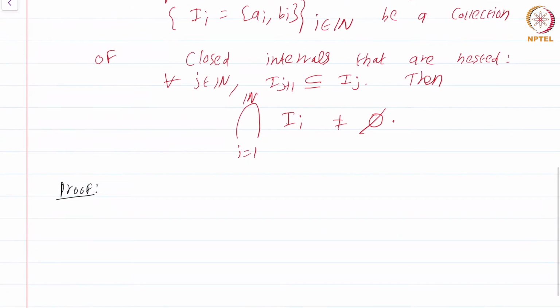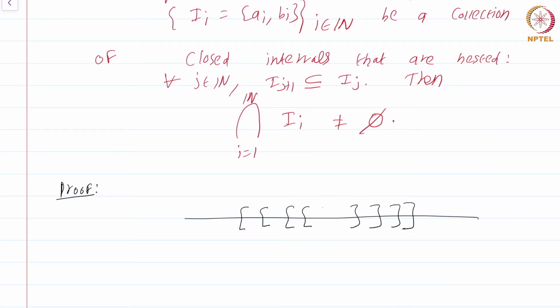Proof. Before I write down the proof, let me just illustrate what this is saying. This is saying that if I have closed intervals that get smaller and smaller, then it cannot happen that the intersection of all these closed intervals is empty.